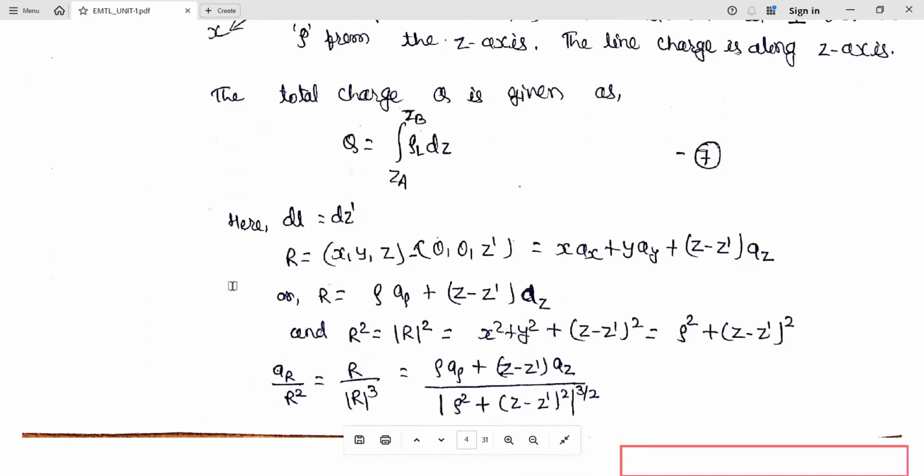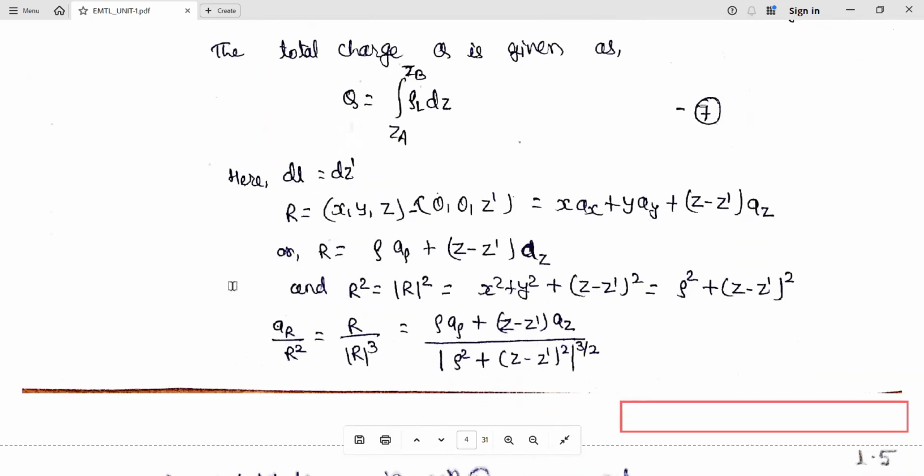So now here, first we need to find the total charge. Similar concept here. In case of line charge distribution, our charge density is rho L, and the differential length DL is along the Z axis. That's why it's written as DZ.